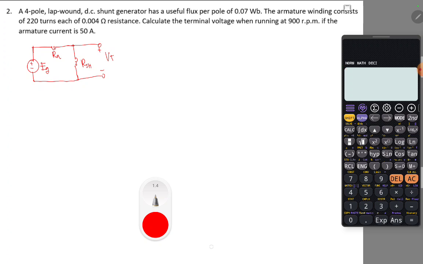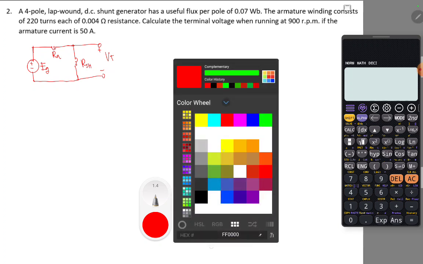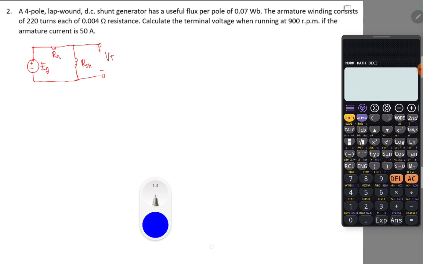Now, it was mentioned that the current in the armature is already given, IA, which is equal to 50 ampere.